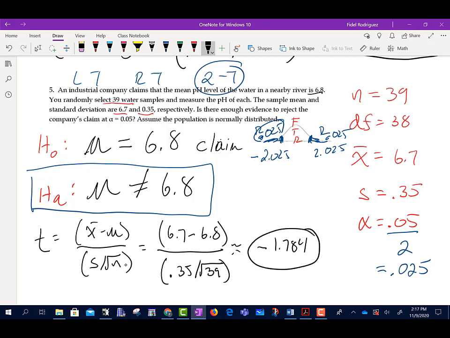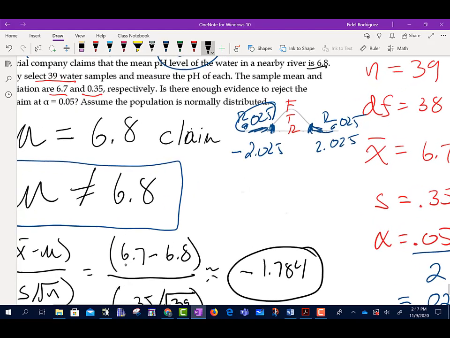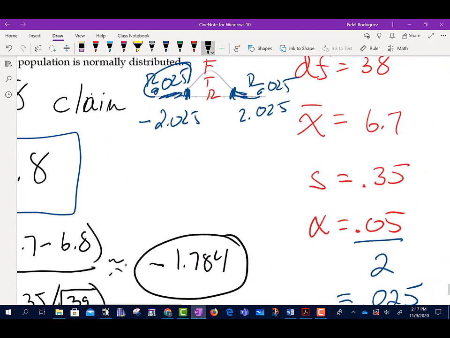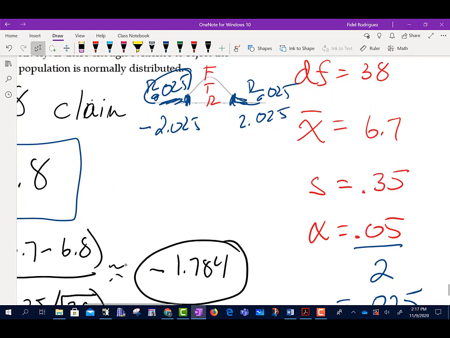So now let's see where that number is going to fall on my picture. Negative 1.784 is going to be between those two numbers. It'll be negative, but it'll be somewhere in here.